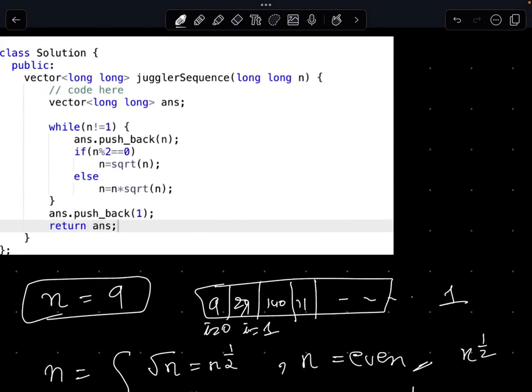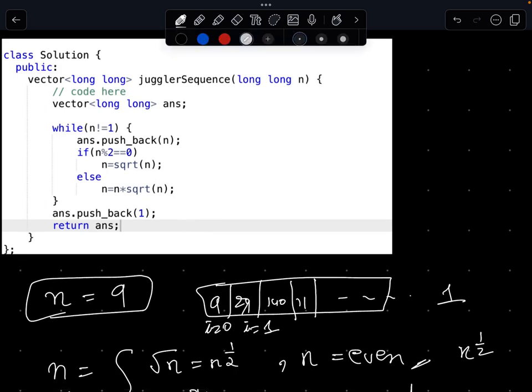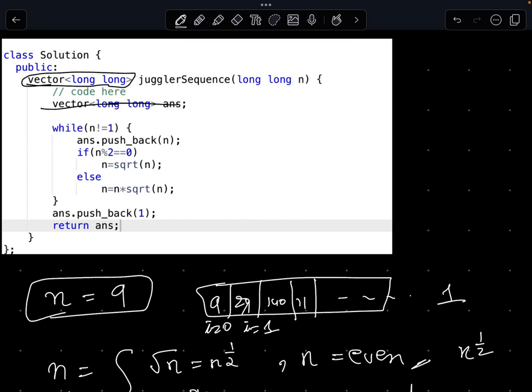So this is the simple code. Let's see the code. The answer wanted is a vector of long. So we just did the same thing: a vector of long, and then till the value is 1, if it is even, you push back the square root. If it is odd, you push back n to the power 3 by 2, which is another way of writing it.